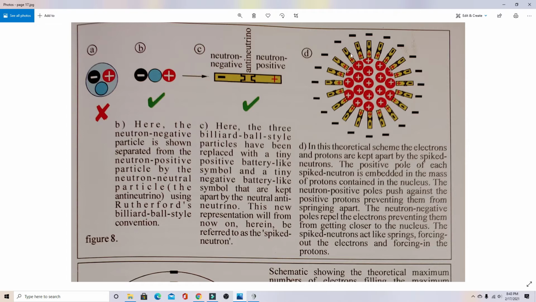But this is only half the charge of this, and this is only half the charge of this. So the power of this is still attracted to the power of this, right? The electron is still attracted to the proton, but the neutron acts as a spring and keeps it apart. Okay, and it keeps pushing and it keeps sucking in and going back out. And this will become apparent and important later as we keep reading. But I'm just putting it in your mind right now so you can understand, because this, my friends, is astrology.